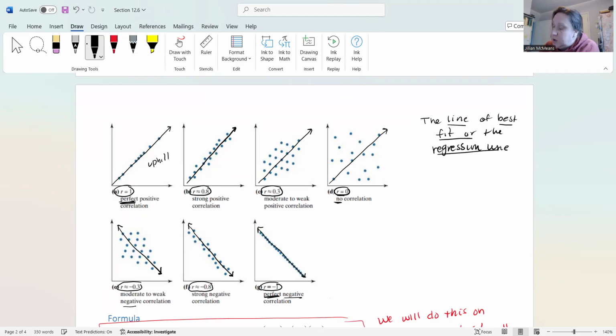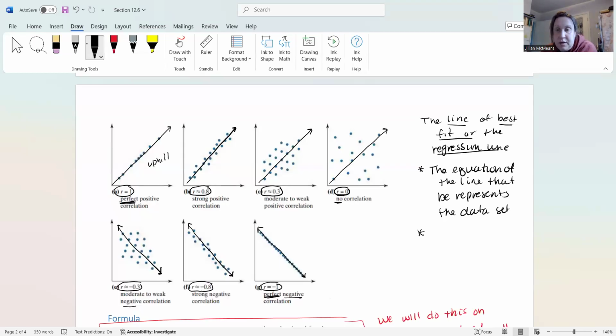This is the equation of the line that best represents the data set. So we have the line of best fit or the regression line. It is the equation of the line that best represents that data set.